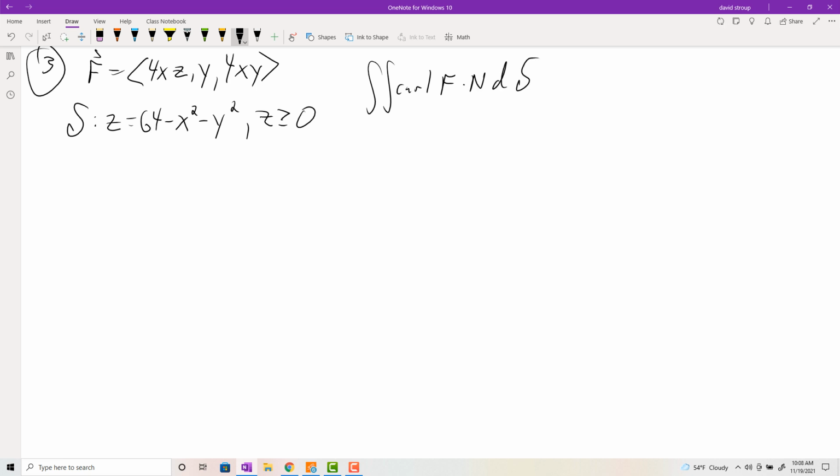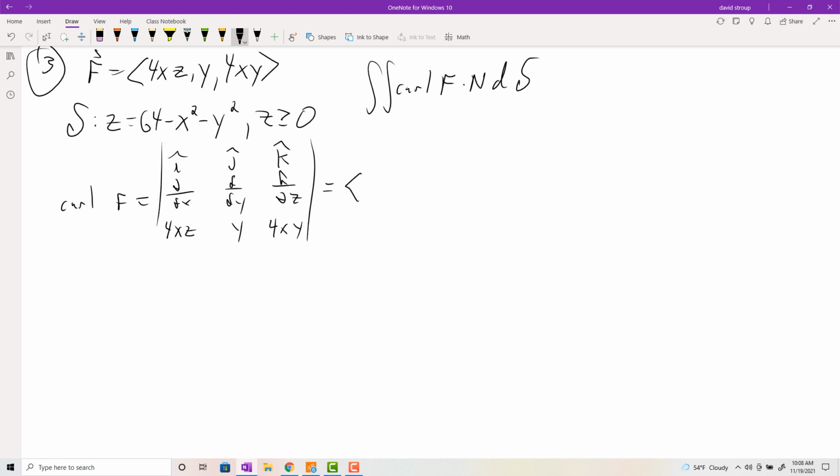All right, so curl of F: i, j, k, partial with respect to x, partial with respect to y, partial with respect to z. Then we have 4xz, y, 4xy. Cover up the first column, you get 4x minus 0.